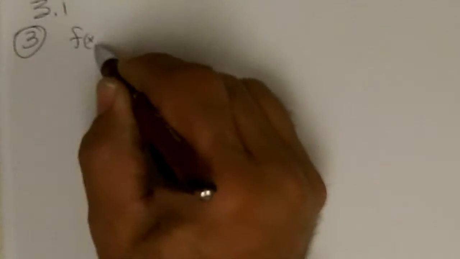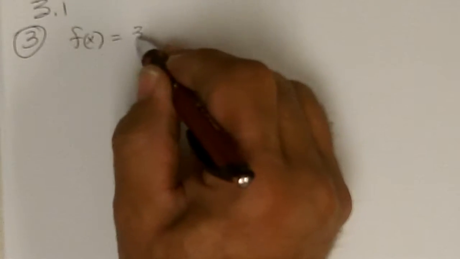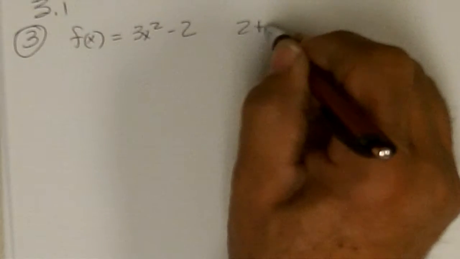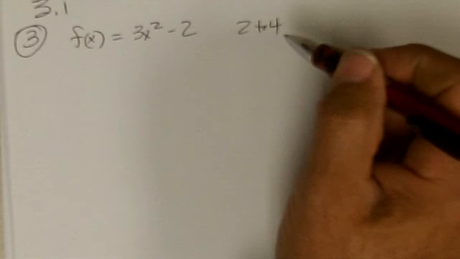All right, 3.1, number 3. On number 3, it says the average rate of change of f of x equals 3x squared minus 2 from 2 to 4.